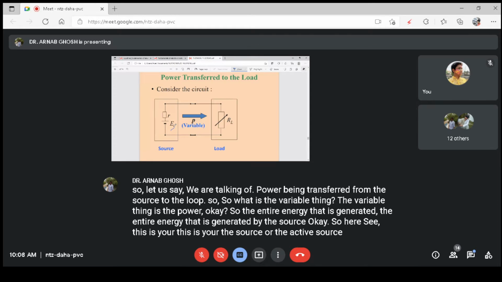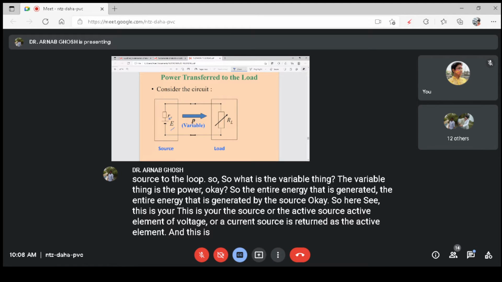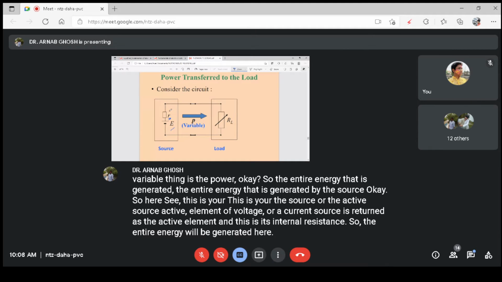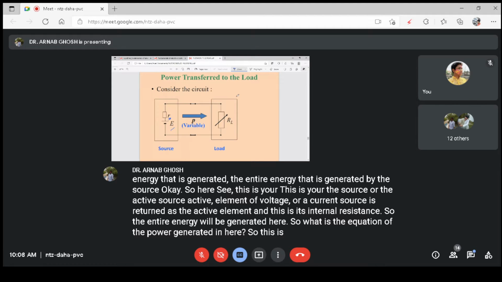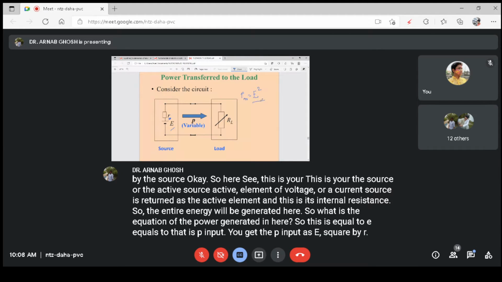A voltage or a current source is termed as the active element, and this is its internal resistance. So what is the equation of the power generated in here? P input is E square by R, if this is the internal resistance.